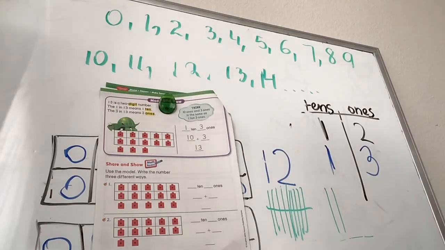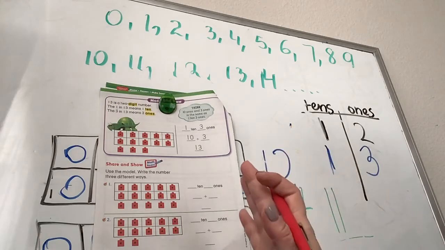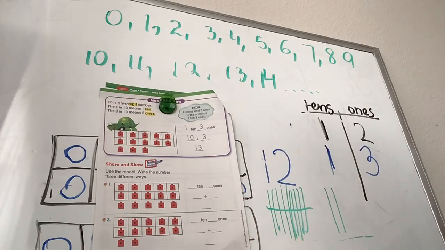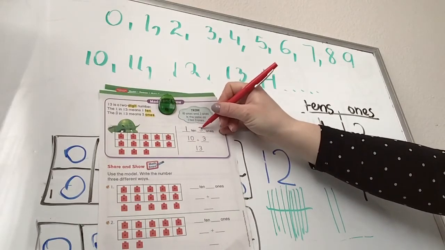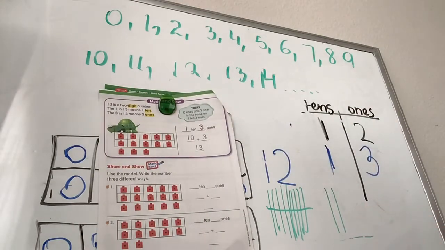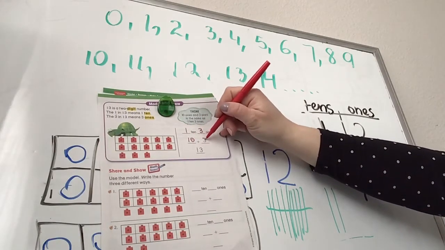Mrs. K uses this when we do a mystery picture. I say, okay, the number is 2 tens, 3 ones, and you can find the number really quick on the 100th chart. So let's trace 1 ten 3 ones. It's the same as 10 plus 3.